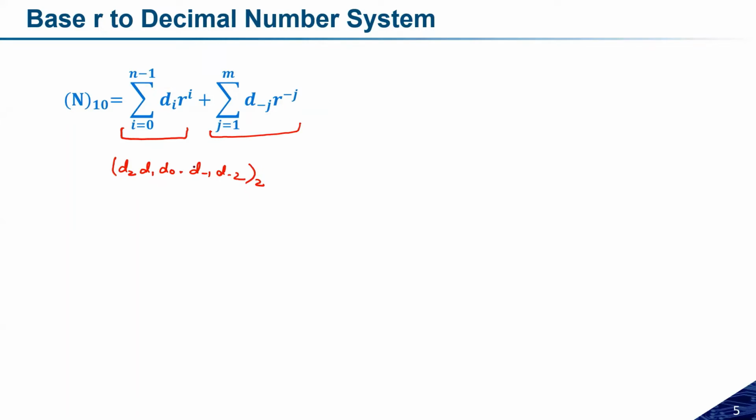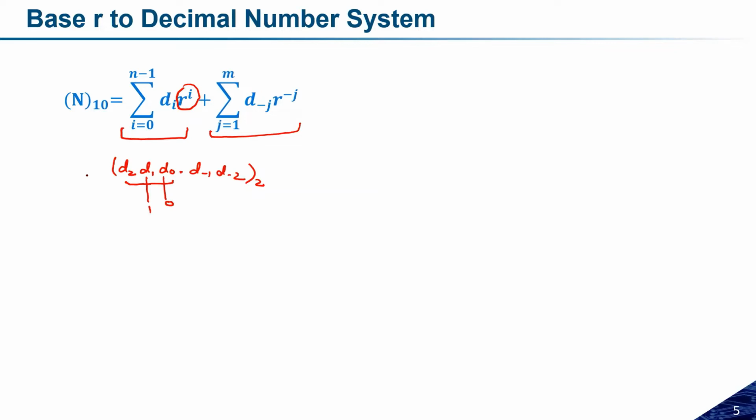Here, d_i is nothing but the digits we have written, and r^i is the base r raised to the position i we are considering. If we are considering the 0th position, then r to the power 0 becomes 1. If the position of the digit is 1, we write 2 to the power 1, and so on for the other digits.